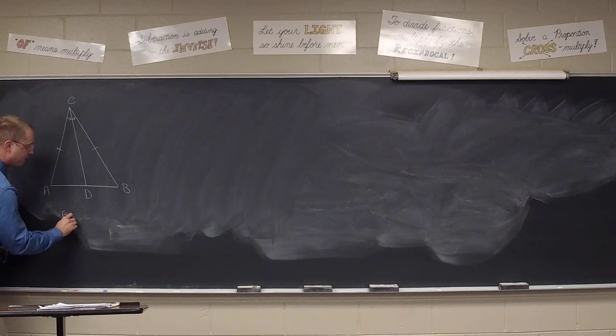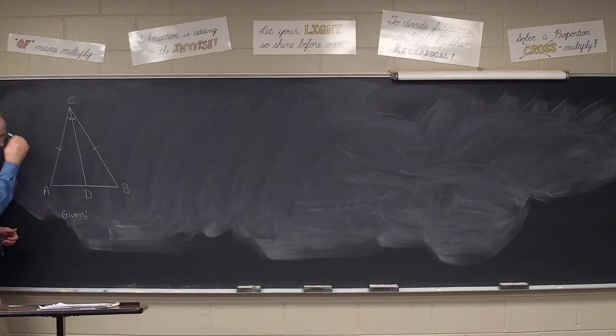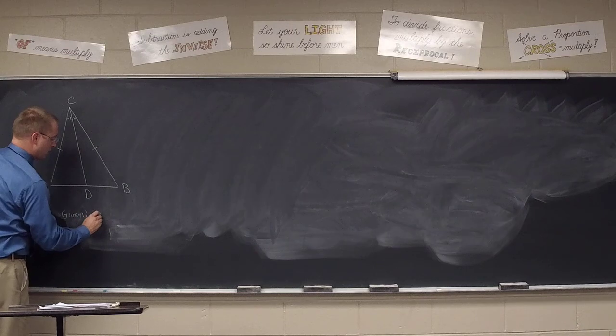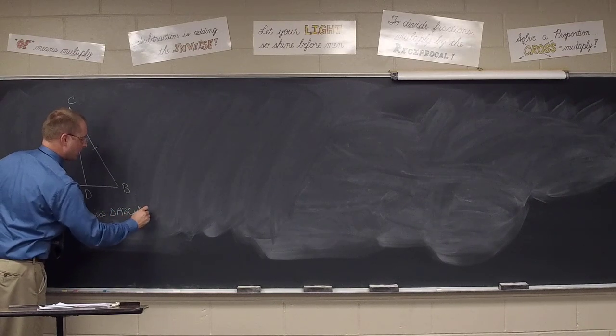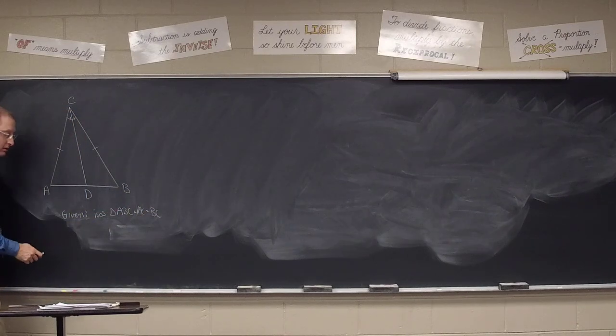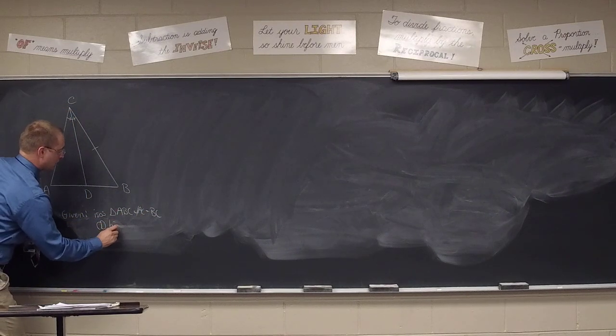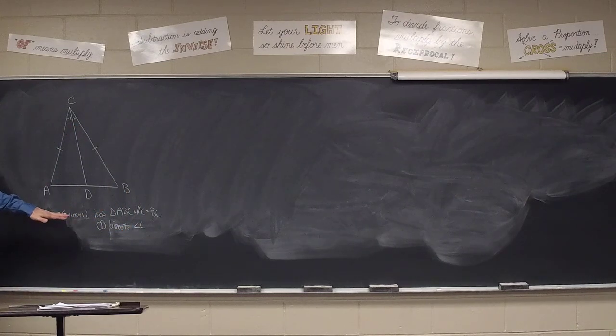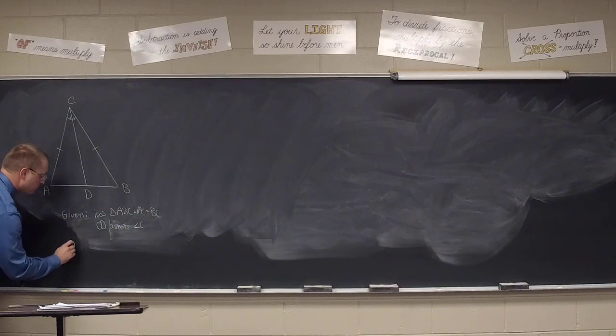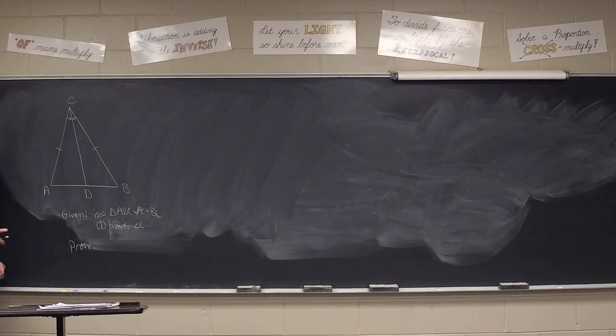So for our given, tell me what we had down here, Dylan? Isosceles triangle ABC with AC equal to BC. All right, then what? CD bisects angle C. And was that everything in the given? Yes. All right, so we're given an isosceles triangle, we're given the bisector. We wanted to prove, and I think there were two things we were proving here.